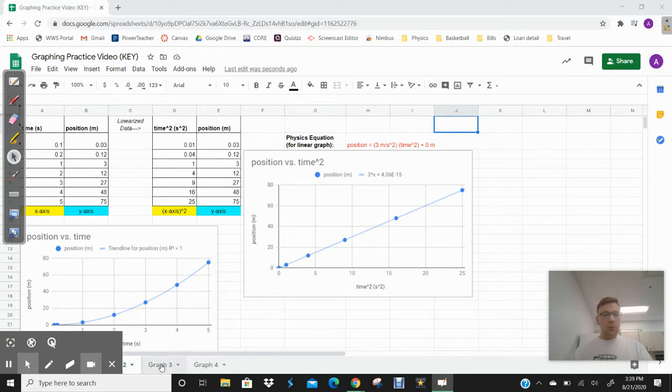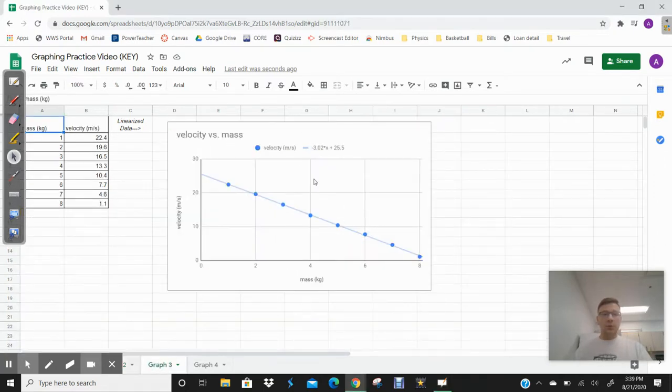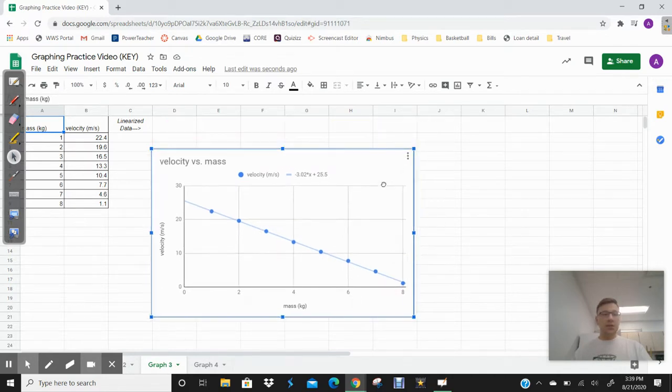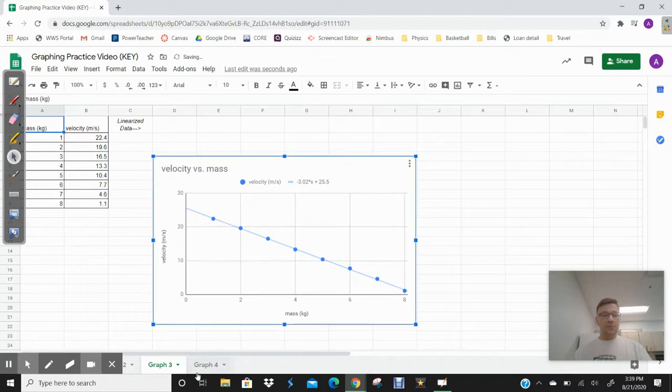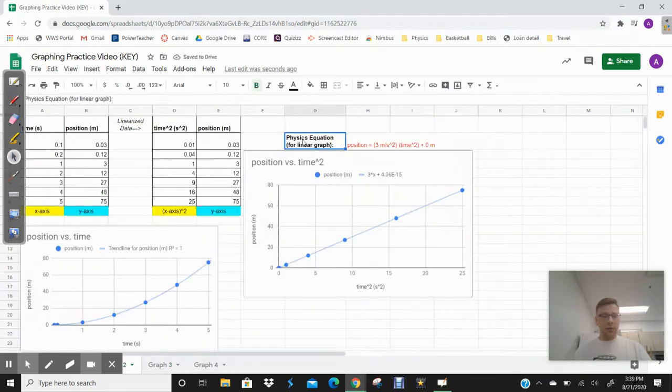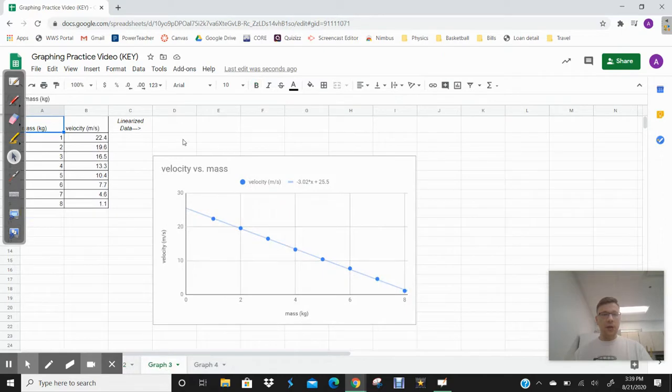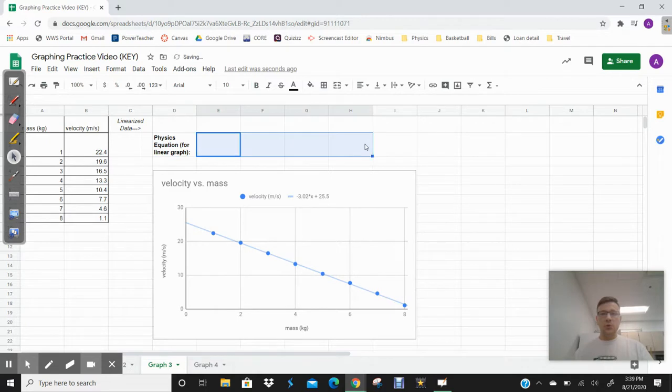All right, you do not have to do anything with graph number 3 because it's already linear. So we're just going to take a look at this graph right here. I'm going to copy my physics equation for the linear graph, and I'm going to plug it in right here. And then I'm going to merge these cells just so we have somewhere to type.